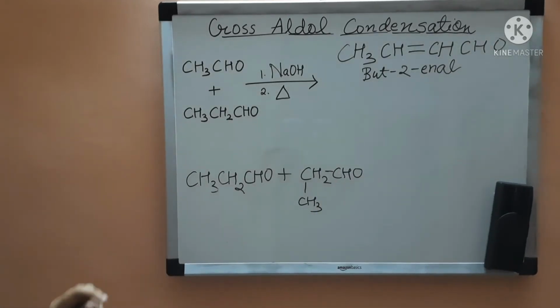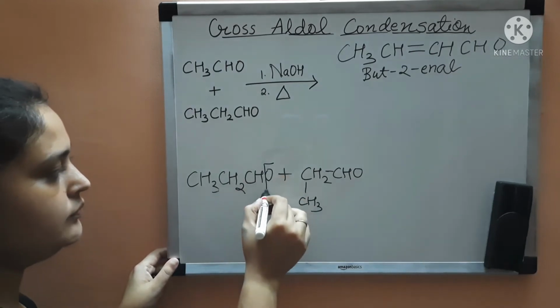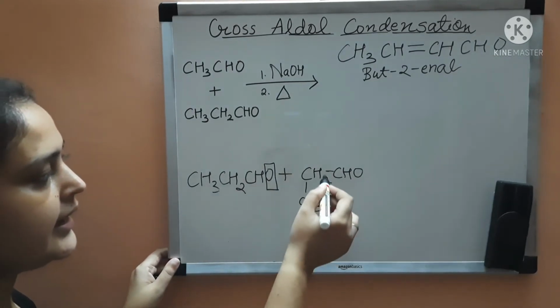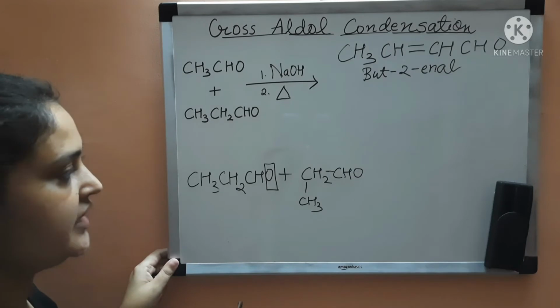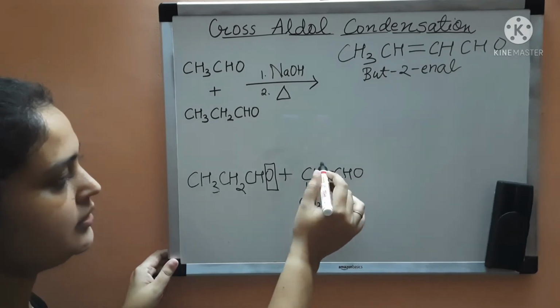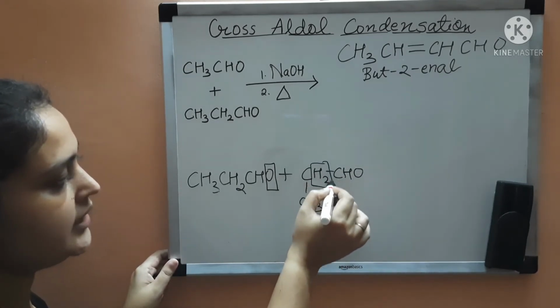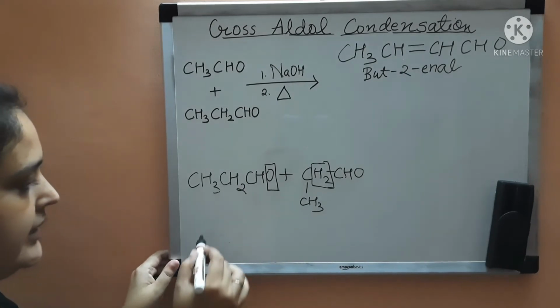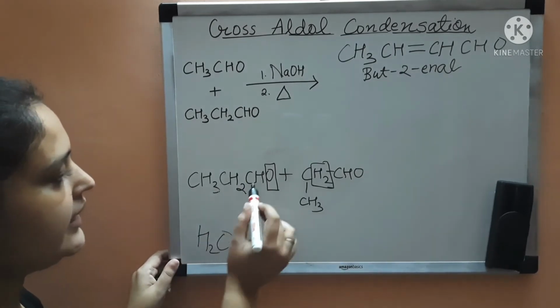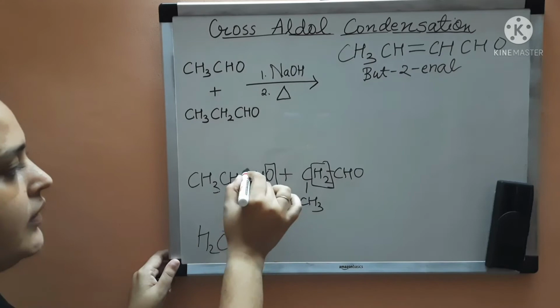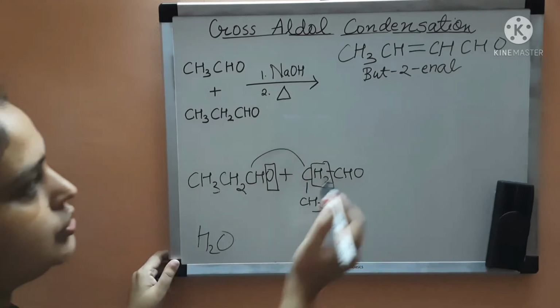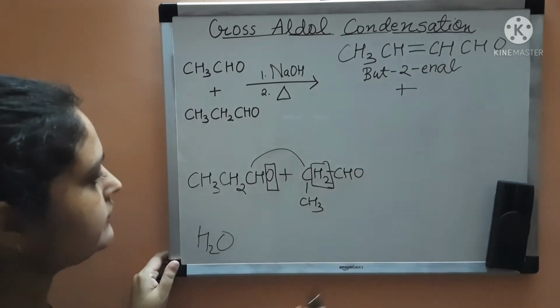Again, one oxygen atom and two alpha hydrogen atoms are removed. This is the alpha hydrogen atom. Two of the alpha hydrogen atoms are removed as a water molecule and you will have a carbon-carbon double bond between them.